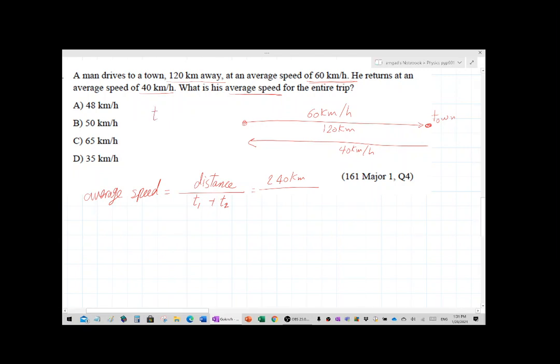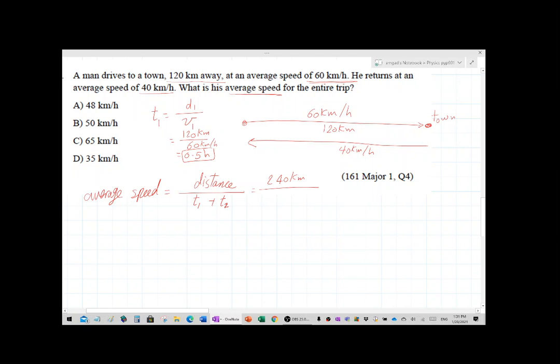I will say the time equals the distance over the speed. Okay, so for the first time, the distance d1, of course they are the same distance, over the speed v1, so 120 kilometer divided by 60 kilometer per hour, that's half an hour.